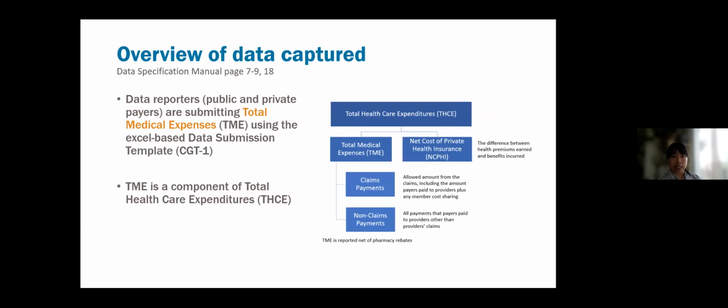Moving along, let's talk about what data is going to be captured. Like other programs, in Oregon's Cost Growth Target Program we are looking at total healthcare expenditures. Total healthcare expenditures is made up of 2 large components: total medical expenses and the net cost of private health insurance. For data submitters to this program, you will be submitting via the data submission template total medical expenses, so the left-hand side of this.